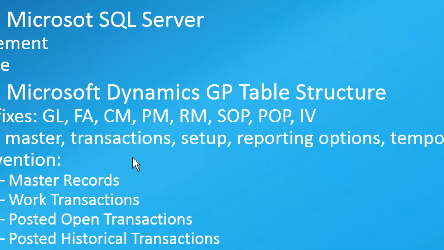Then we have transaction records. We can have setup records, which means a record that collects configuration settings for any module or for any specific functionality. We can have reporting option records, and we can have temporary records.